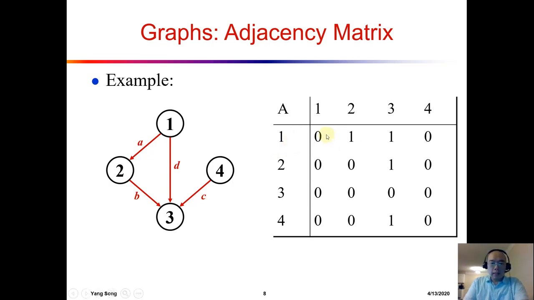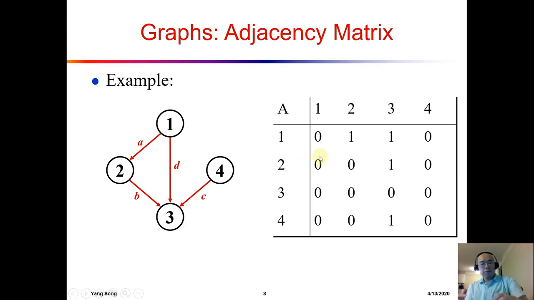So from node 1 to node 2 there is a 1, saying they are connected. And if you want to go the opposite way, from node 2 to node 1, there is no such path or edge, so we are going to have a 0 here.